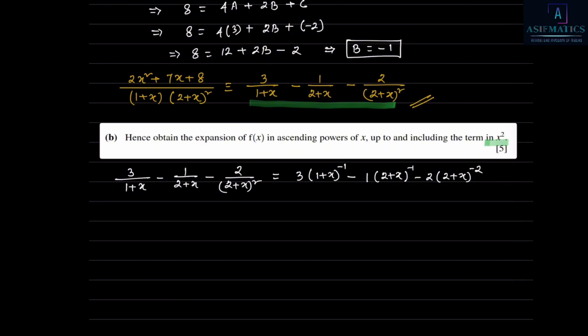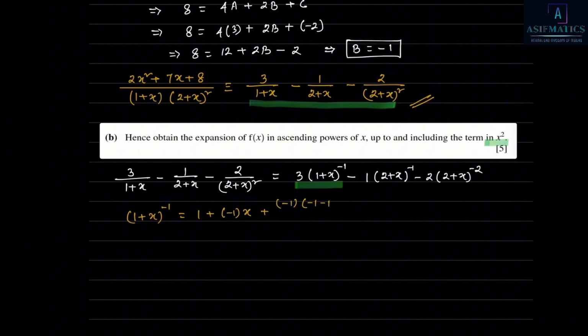So first we can take this part. So in this part we have 1 plus x to the power negative 1. So we can write 1 plus x to the power negative 1, that equals to 1 plus nx, so that is minus 1 into x, plus n into n minus 1 by factorial 2 into x square.